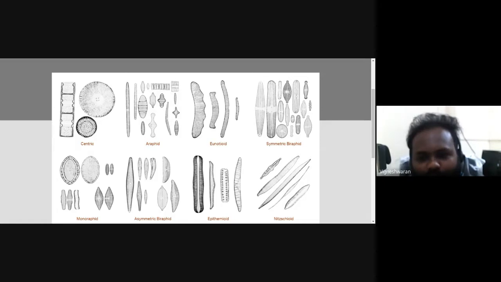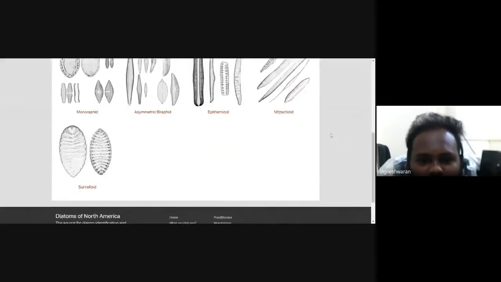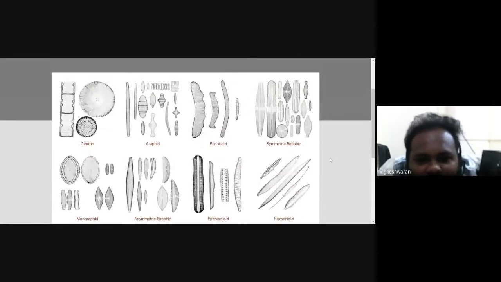Marine diatoms eventually transferred from the marine environment to the freshwater environment and occupied whatever space they could live in. They adapted very well. So diatoms live in two major ecosystems, fresh and marine.